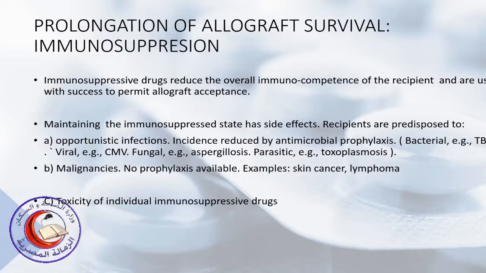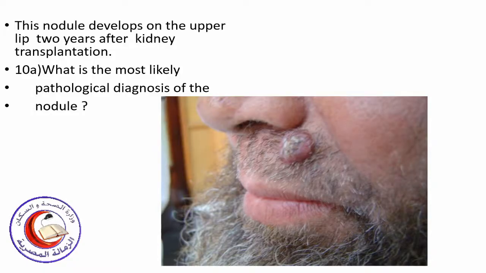And other cancers are also increased, though in a lesser proportion, colon cancer, kidney cancer, etc. So, when asked about the toxicity of immunosuppressive drugs, you must mention A, general toxicity of all immunosuppressive drugs resulting from the immunosuppressive function, and then specific toxicity related to the individual immunosuppressive drug used.